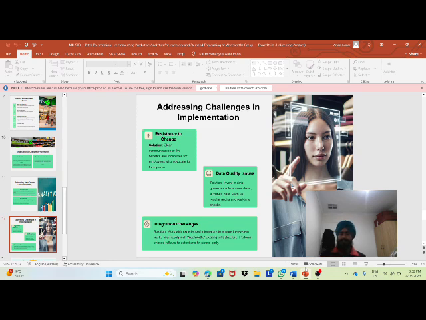Resistance to change. It's very difficult for the employees to stay in the organization while implementing all those changes. So here are some solutions which could be used to combat such situations, such as clear communication of the benefits and incentives for employees who advocate for the system.